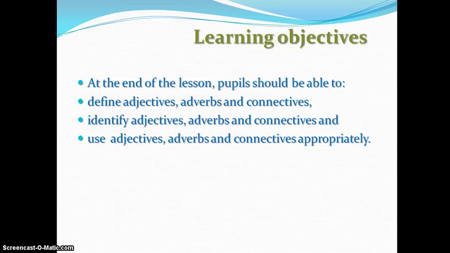First, at the end of this lesson, we should be able to define adjectives, adverbs, and connectives. Now we should be able to identify them, and then we should be able to use them. So three things we should be able to do: define adjectives, adverbs, and connectives, identify them, and then use them appropriately.